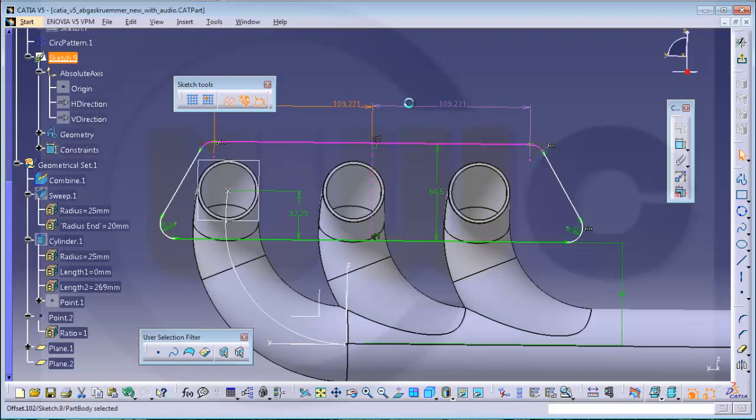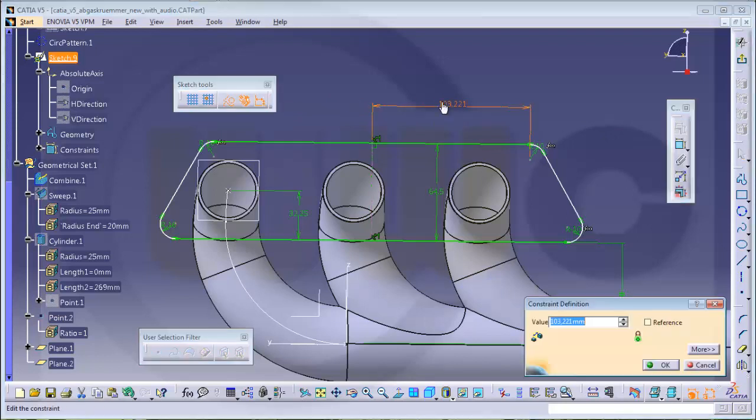So let's give this the right measurement, and this should be 84.5 plus 41.